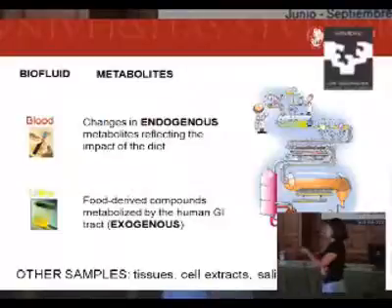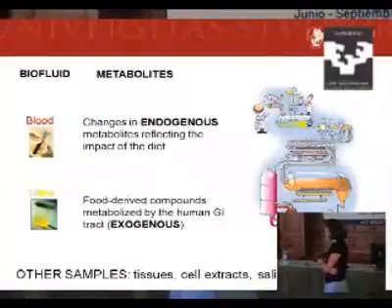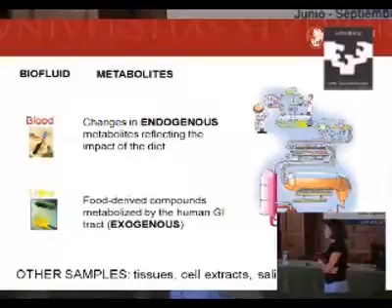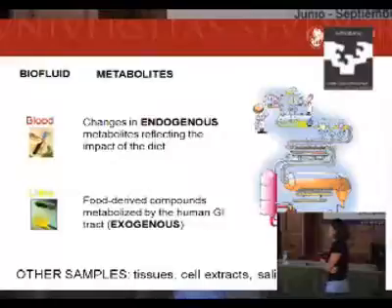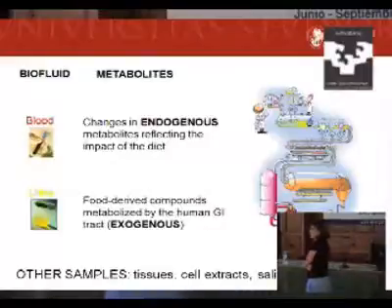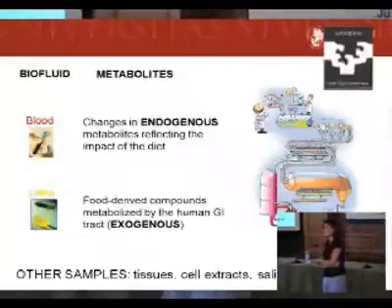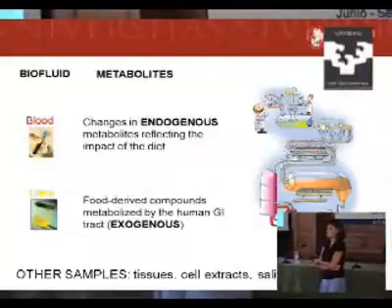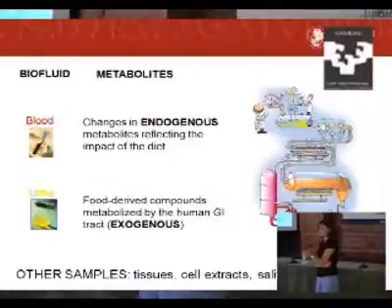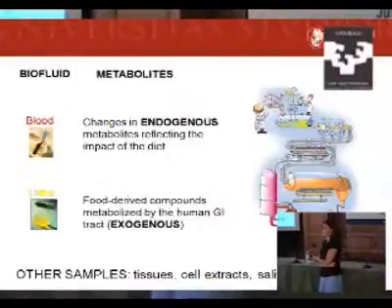And then we also have to decide if we want to take the samples in a non-fasting state or a fasting state. And this, of course, also depends on the design of your study. For example, sometimes you want to perform postprandial studies to check the bioavailability of an active compound, and then you need to take samples at different hours, so it's good to have fasting samples.